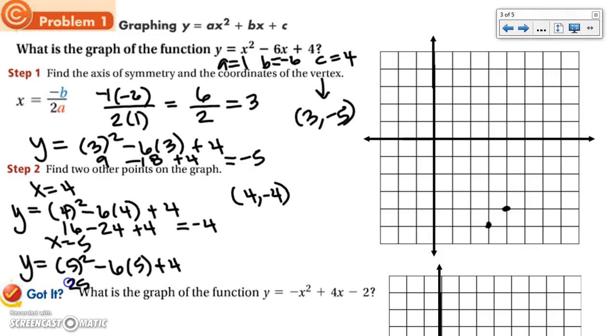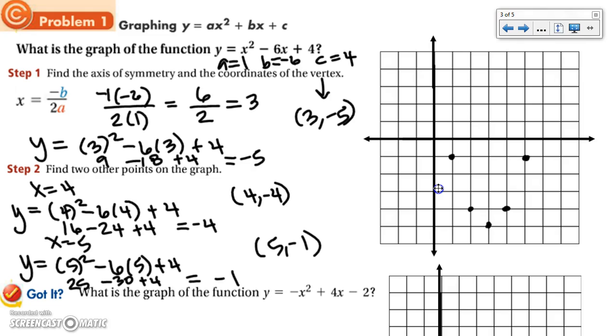So that is 25 minus 30 plus 4. 25 minus 30 is negative 5 plus 4 is negative 1. So my next point is 5, negative 1, which would be right here. Knowing that this point was my vertex and it's symmetrical over my vertex, I can go ahead and complete the other side of my parabola.